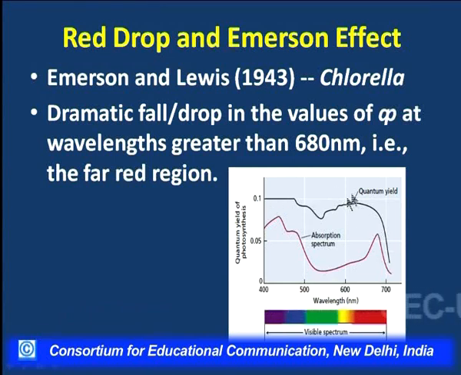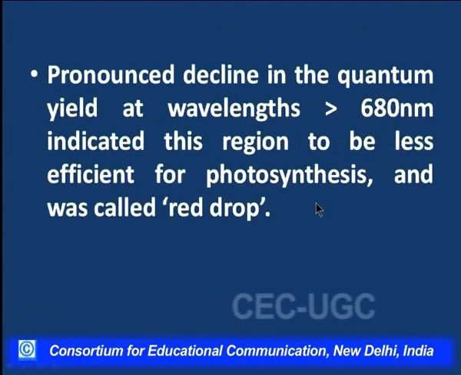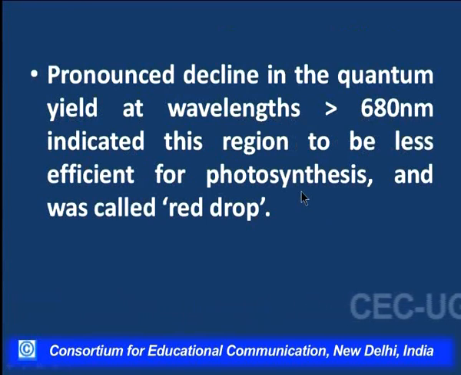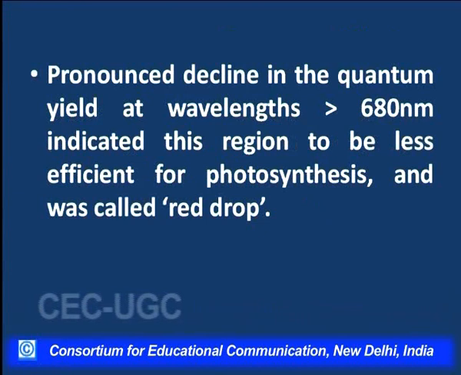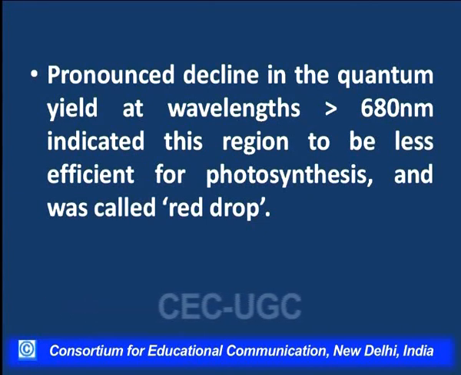But when we went beyond red, that is in the far red region, beyond 680 nanometers, there was a sudden decline. That means the value of phi was really going down, which meant there was some sort of inhibition. So this indicated that the region beyond red was somehow not very conducive.